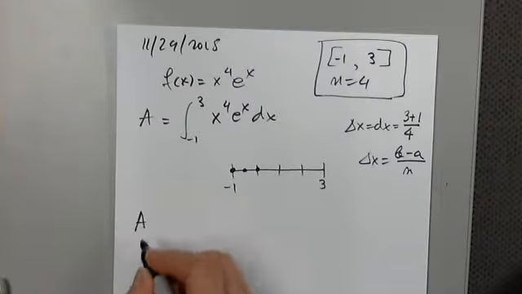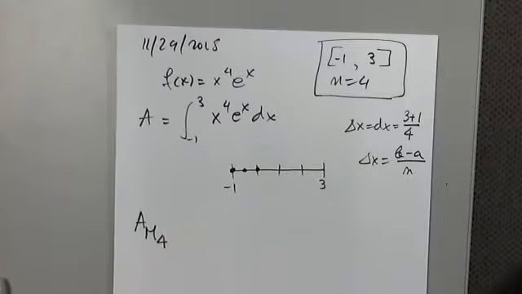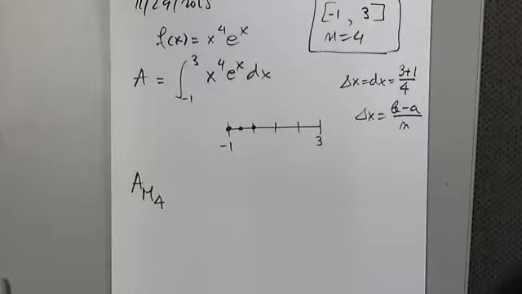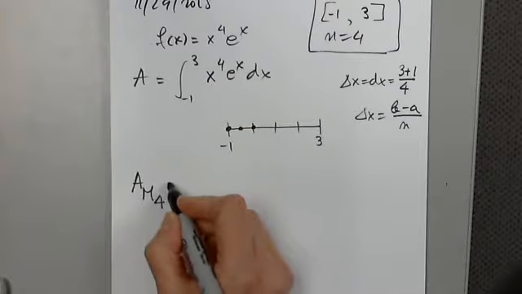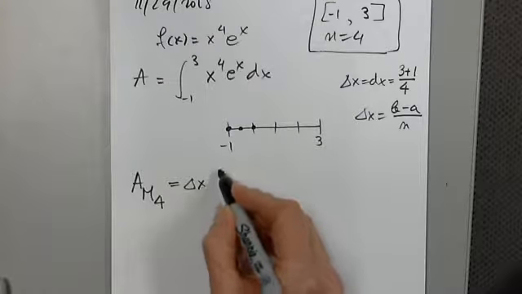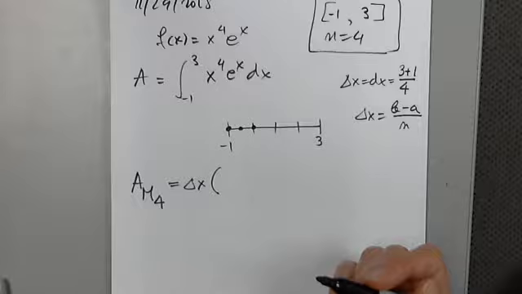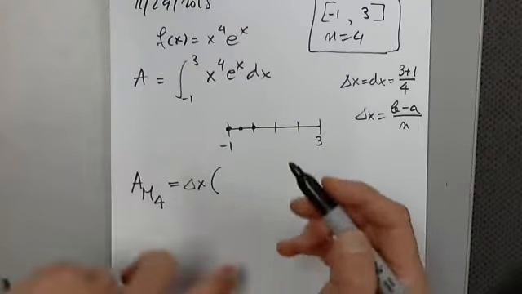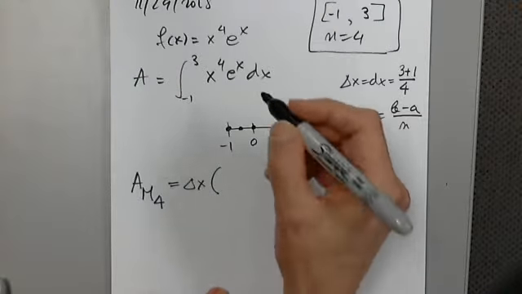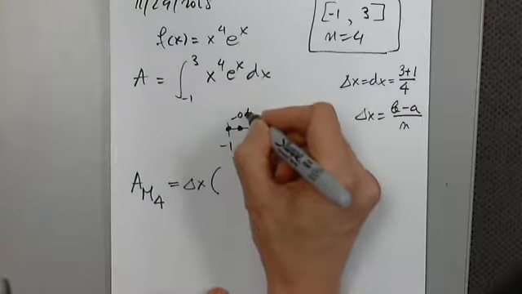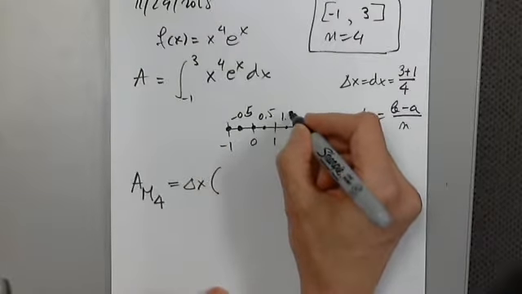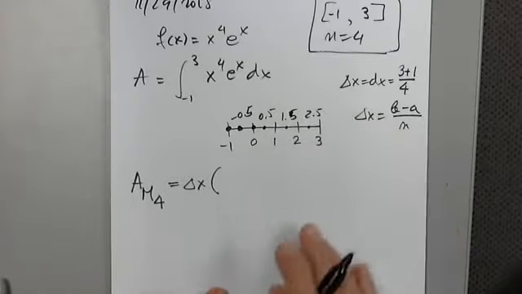The area with a midpoint with 4 subintervals, A sub M sub 4, is delta x, which in this case is 1, multiplied by, since this is -1 and this is 0, this is 1 and this is 2, the midpoints will be -0.5, 0.5, 1.5, and 2.5.